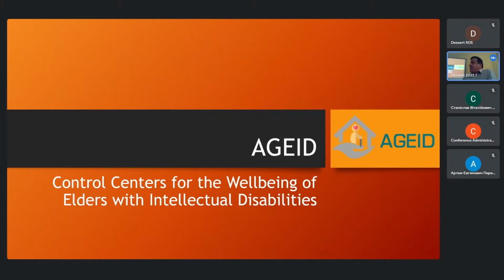The name of the project is Control Center for the Well-being of Elders with Intellectual Disabilities. We have worked with this organization for many years, which hosts people with intellectual disabilities, and we cooperate with them to make solutions to help them in their daily activities.